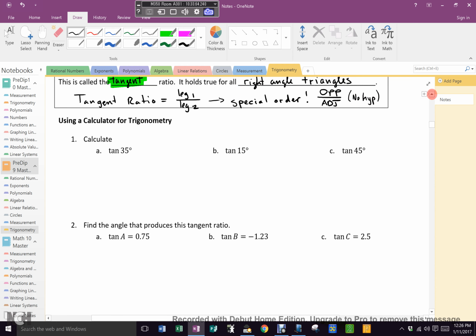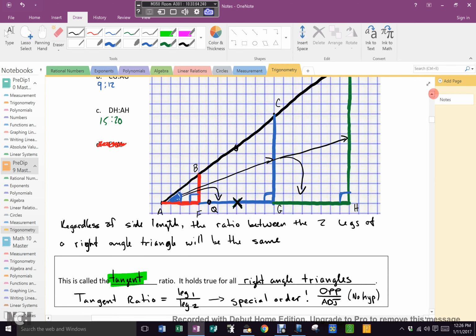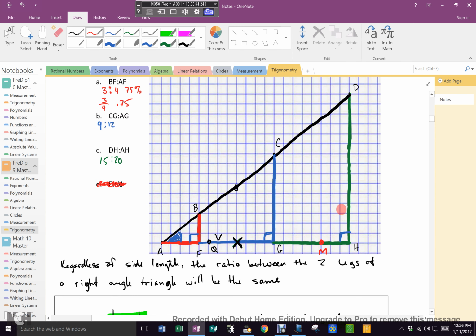Okay, so now I'm going to do one last thing with our giant triangle here. I want to make sure you guys get this. Put an M anywhere between G and H, and go straight up from there and put an N. What triangle did I just make? Start at A, and then where?